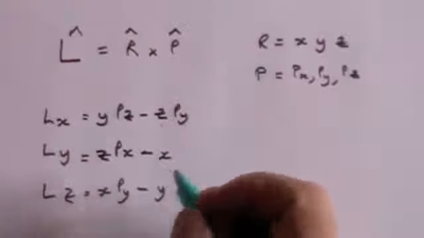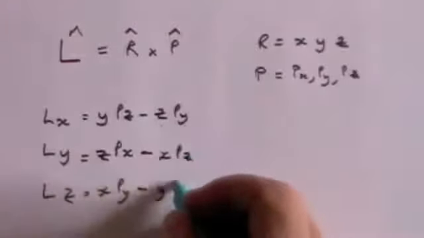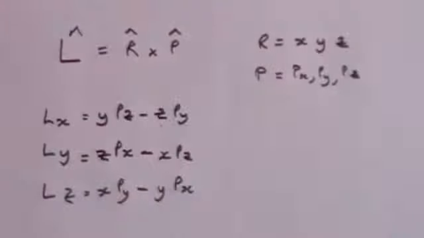Once you get to z, you go back to x again. Here you cycle from y, so that's going to be pz, px. And those are the three terms which identify the x, the y and the z coordinates of the angular momentum in terms of the x, y, z coordinates of the radius and the px, py, pz coordinates of the momentum.